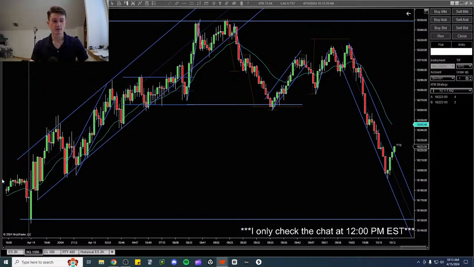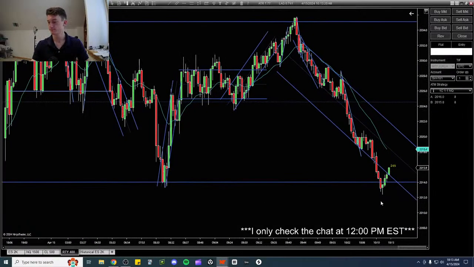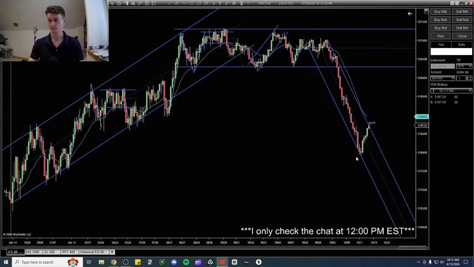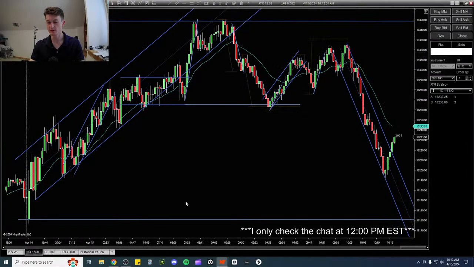We are pulling back on the ES and the NQ. Also pulling back on RTY. There's the possibility of a second entry short on both of these.